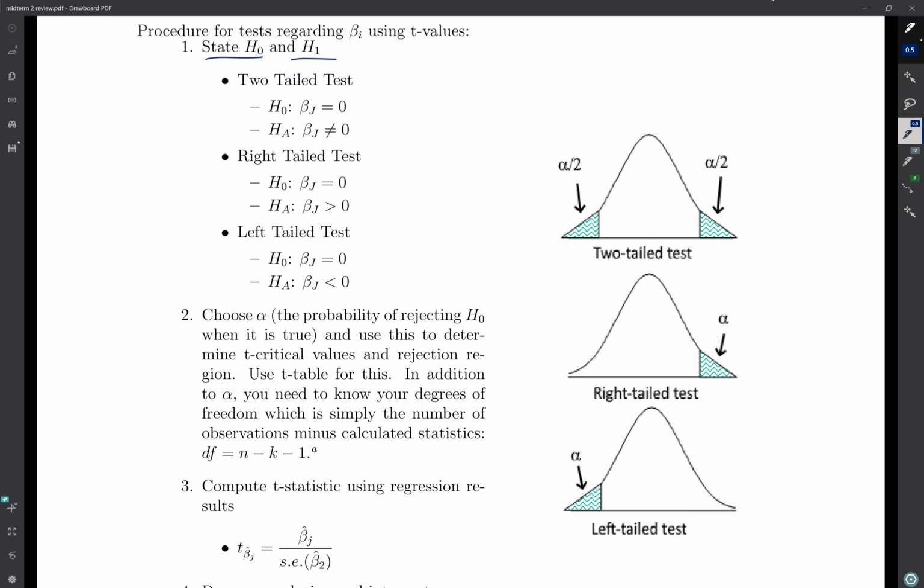Exactly what our hypotheses are going to depend on our exact situation, and maybe we know something else. Maybe the thought of what these beta terms should be is something other than 0, and we want to test whether or not they are that number. But for the most part, we're just going to say that our null hypothesis is that this coefficient is equal to 0.